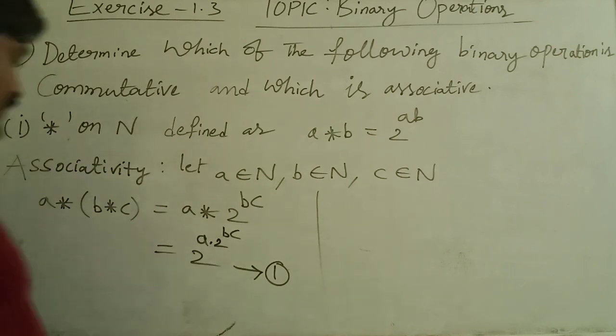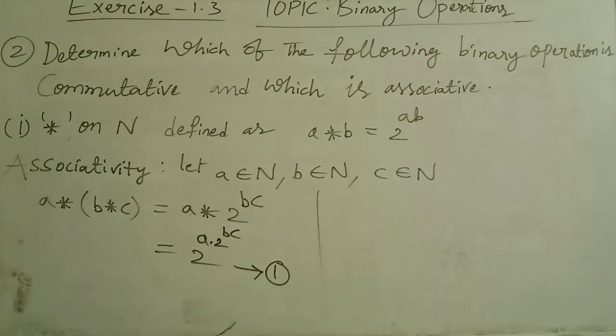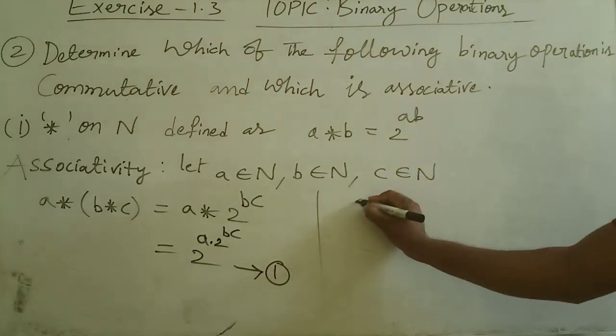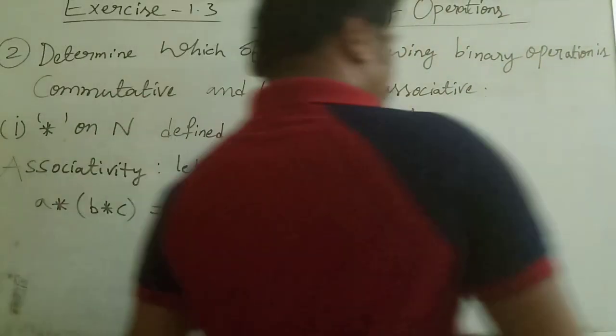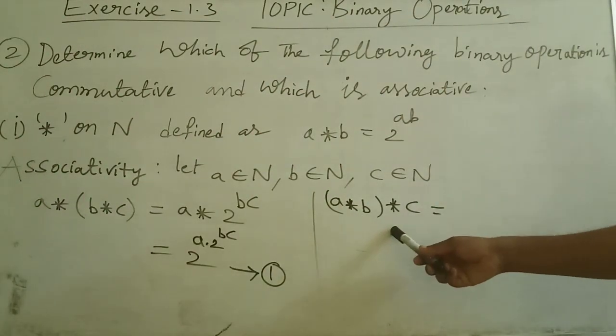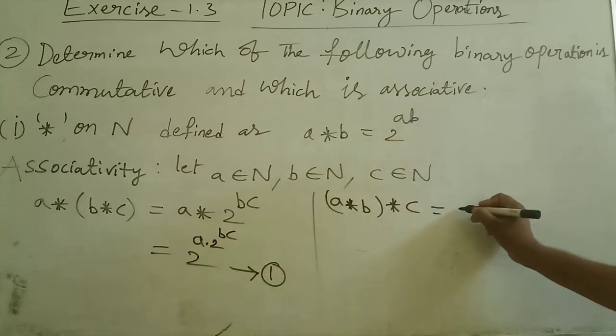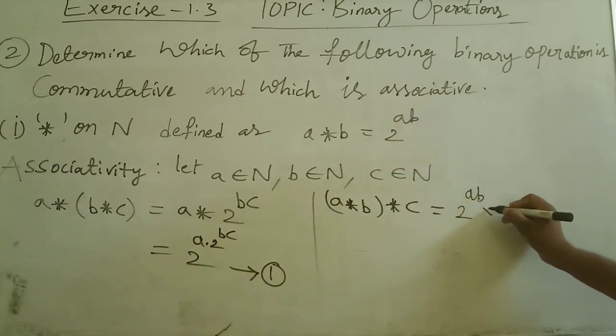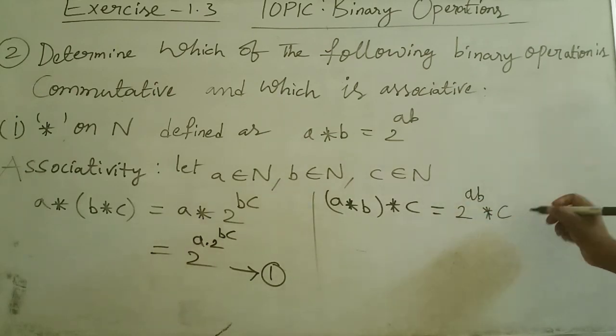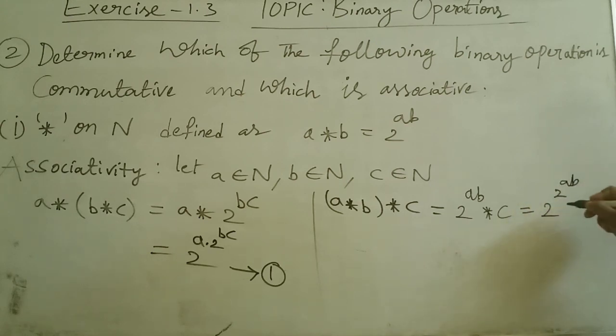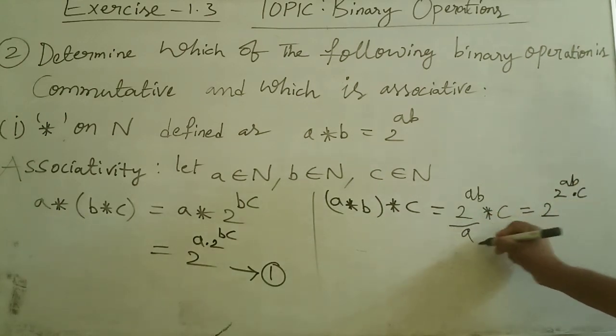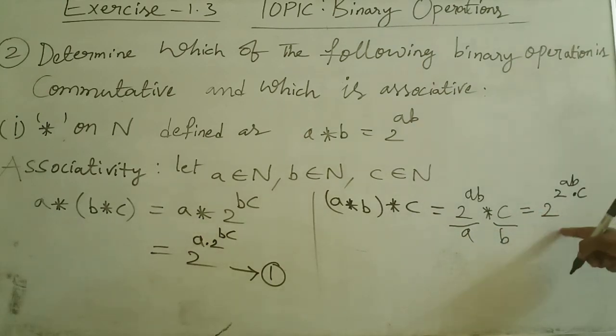Now let's move on to the second part, that is (A star B) star C. A star B means 2 power AB, star C, which we can write as 2 power AB into C. So this becomes A and this becomes B. A star B is 2 power A into B, with B here being C. So this is equation number 2.